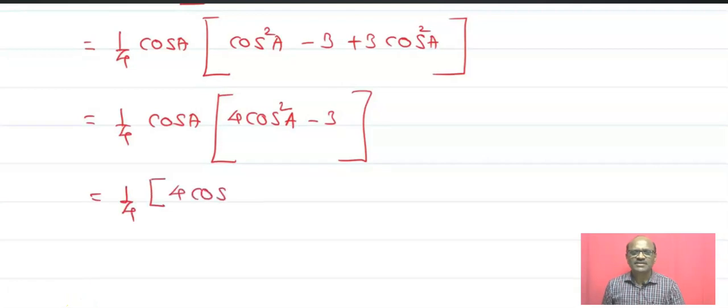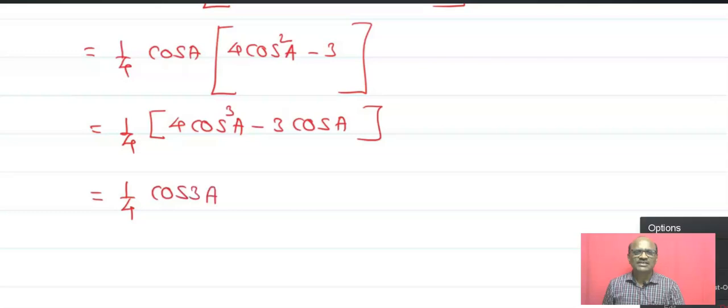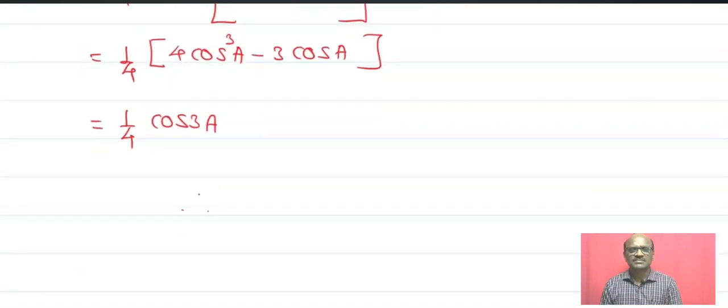And therefore, it is 1 by 4 into 4 cos cube A minus 3 cos A. And this is the formula for cos of 3A. See this here: 4 cos cube A minus 3 cos A is nothing but the cos of 3A. So 1 by 4 cos of 3A. Therefore, option C is the correct one.